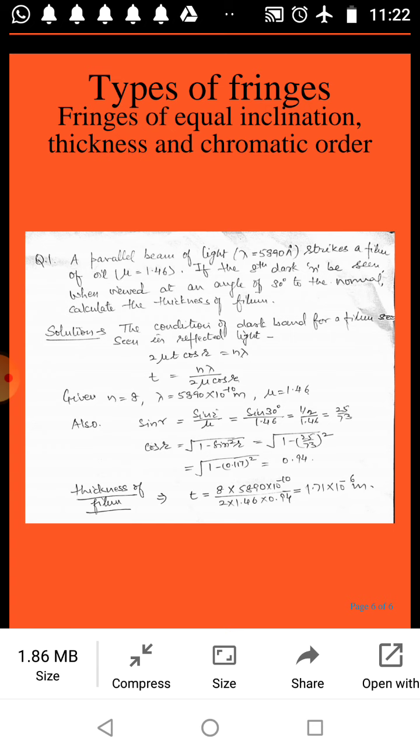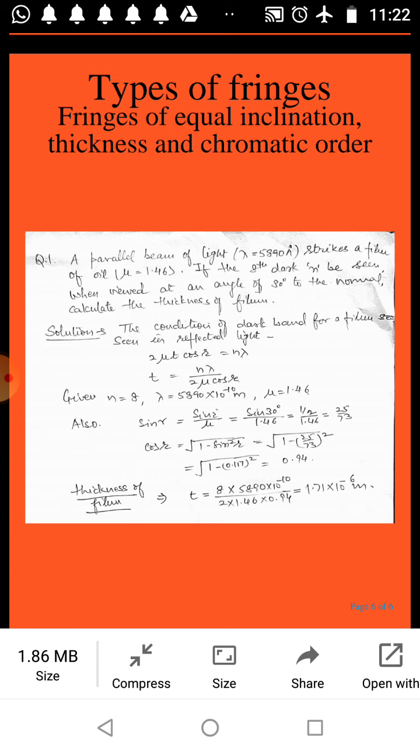The condition of the nth dark band for a film seen in reflected light is 2 mu t cos r equal to n lambda, or t is equal to n lambda upon 2 mu cos r.